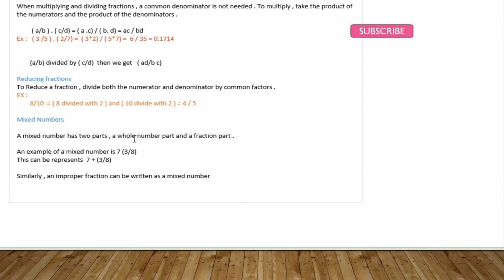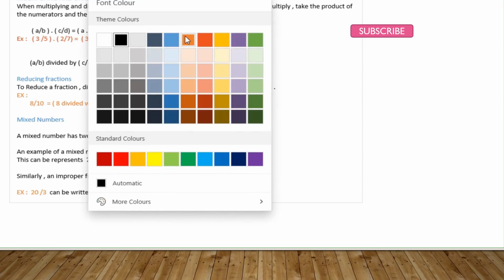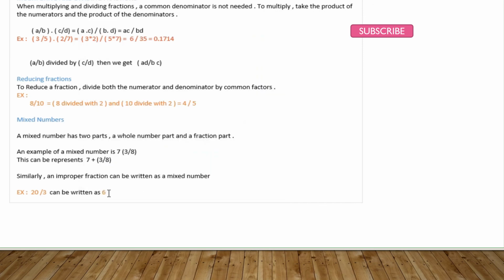For this, I am going to take an example: 20 divided by 3 can be written as 6 into 2 divided by 3.